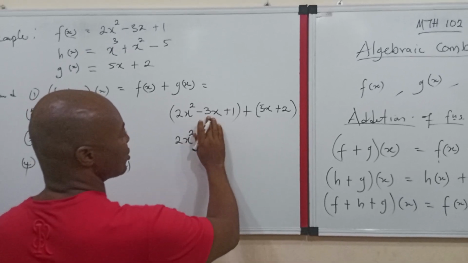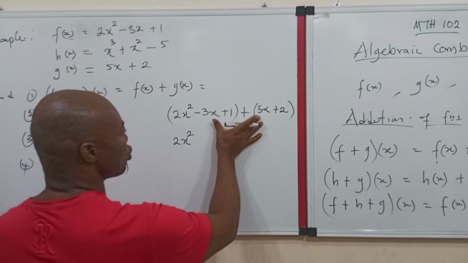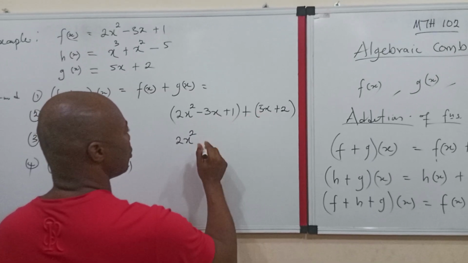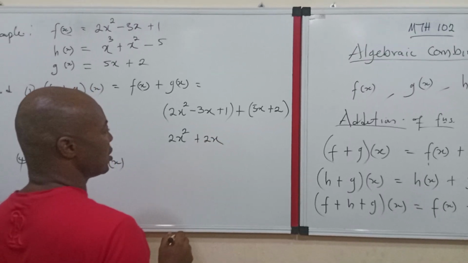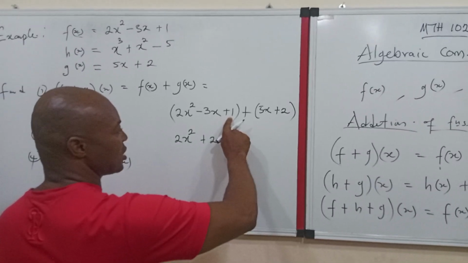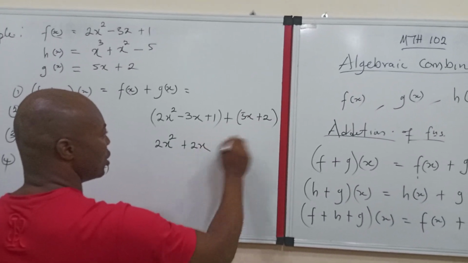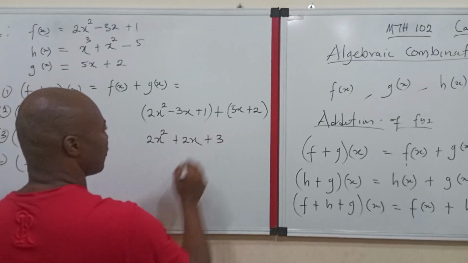But here we have minus 3x, whereas here we have positive 5x. So if you combine them, you are going to have plus 2x. Now this is a constant, this is also a constant. Here you have positive 1, here you have positive 2. So when you combine them, you're going to have plus 3.